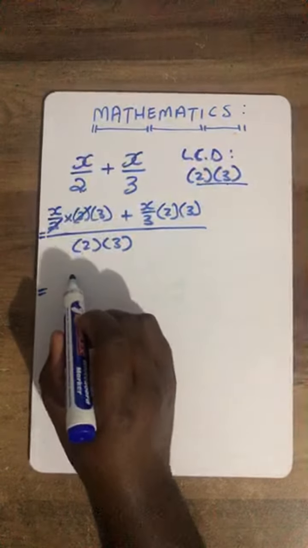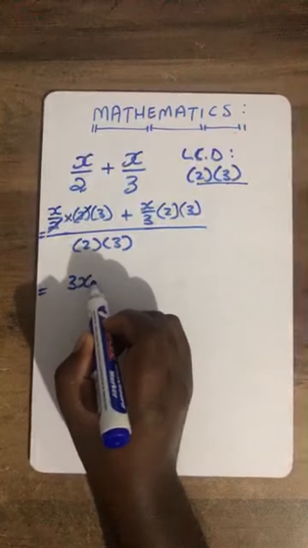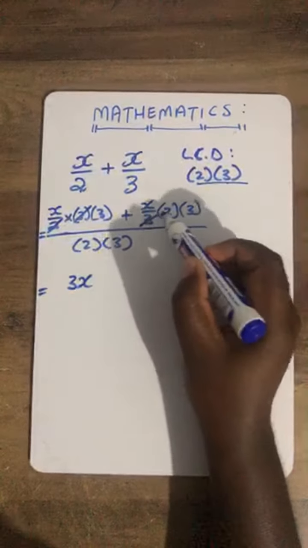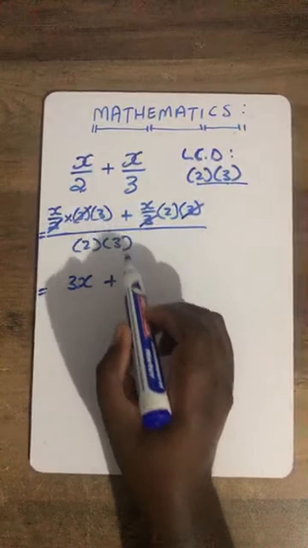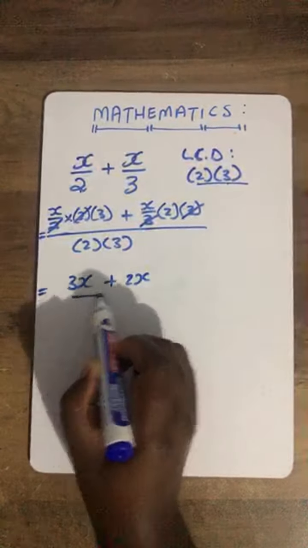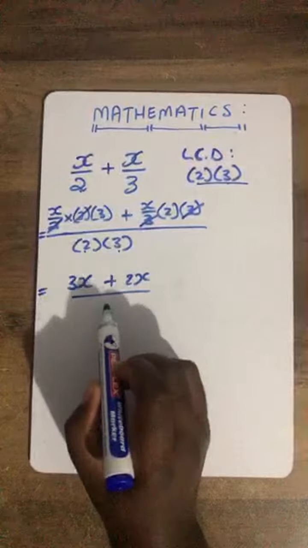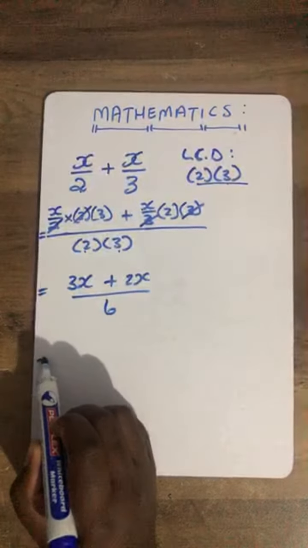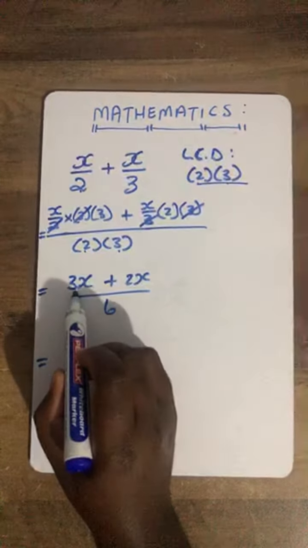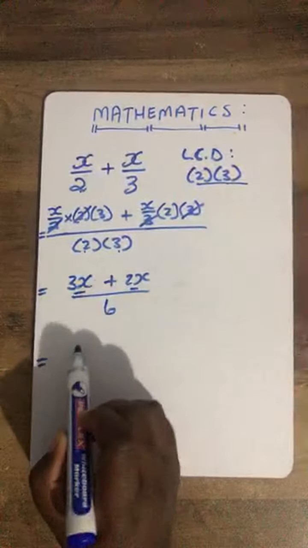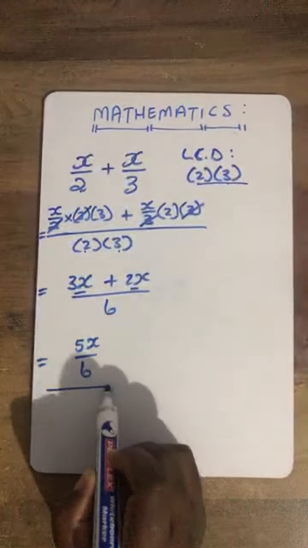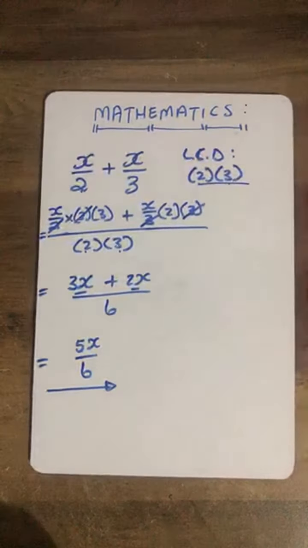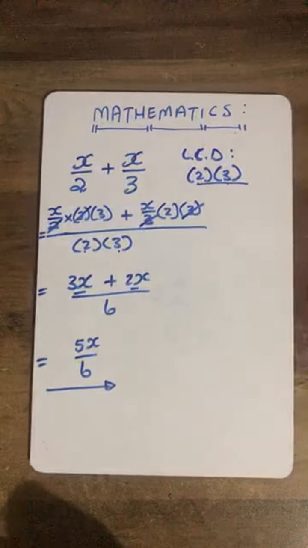It's like you have 3 times x, which is 3x. And then this 3 will cancel with that. It's like you have 2 times x. This is the plus sign. It's like you're having 2x divided by, what is that times that? That is 6. So it's like this plus that. It's like you are having 5x there divided by 6. So that would be the final answer for that one.